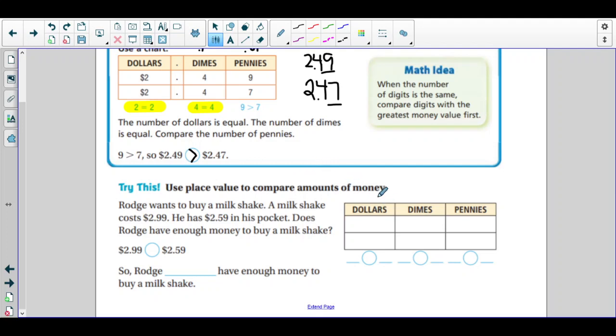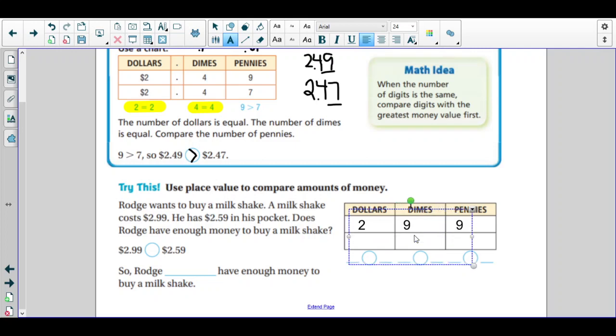All right, we need $2 and 99 cents. And then he has $2 and 59 cents.